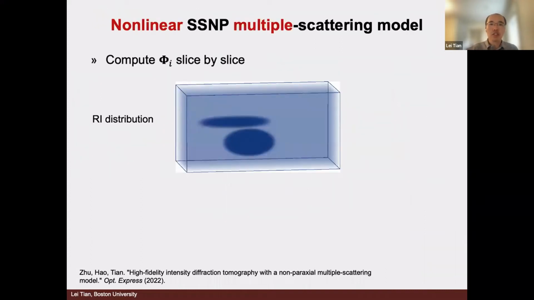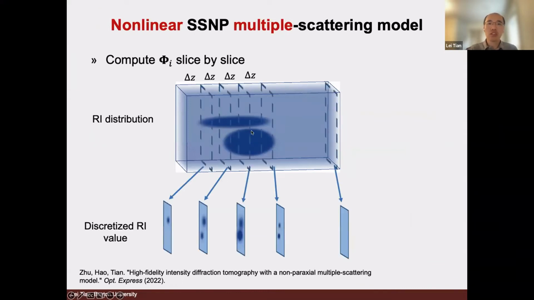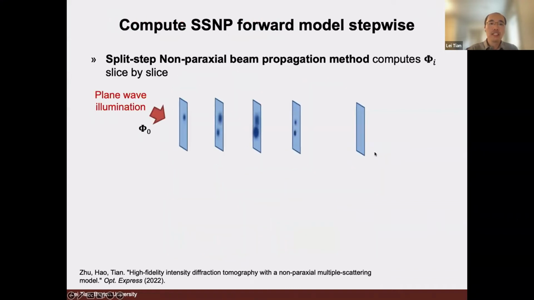So how does this work? Conceptually speaking, this is what you do. You have a 3D object marked by a refractive index distribution. We discretize this into different slices. In this community, a lot of people call this the multi-slice approximation. Then you take these slices, and instead of treating them as independent, which is the case in the weak scattering or first Born approximation, we consider the interslice interactions.